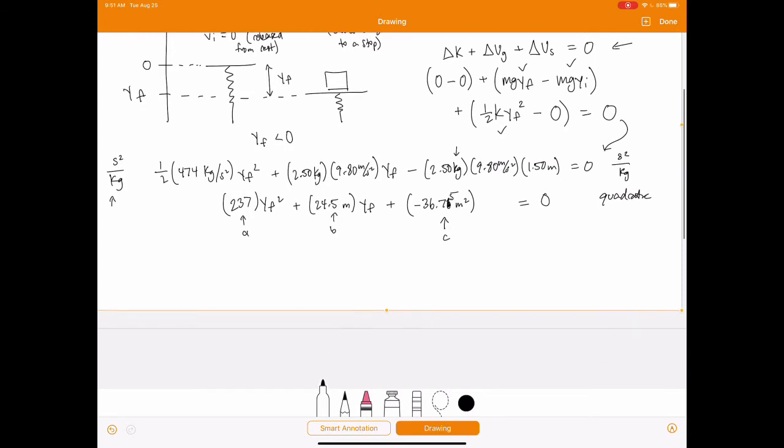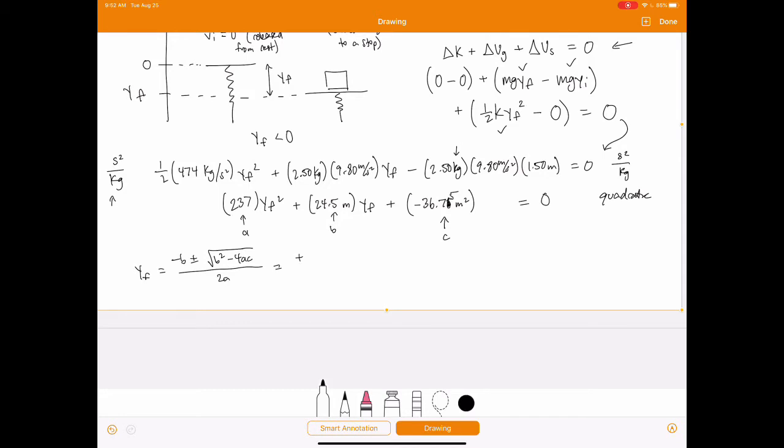So how do we solve for Y final? We use the quadratic formula: minus B plus or minus the square root of B squared minus 4AC, divided by 2A. Basically just plug in the values of A, B, and C that we found here, and you're always going to get two possible solutions when you use the quadratic formula.